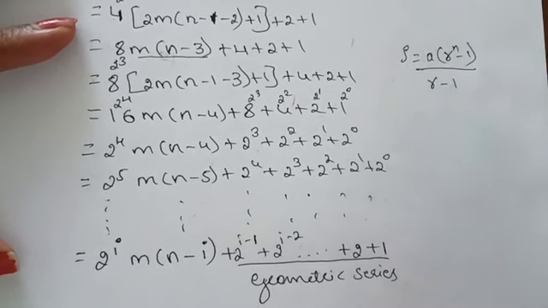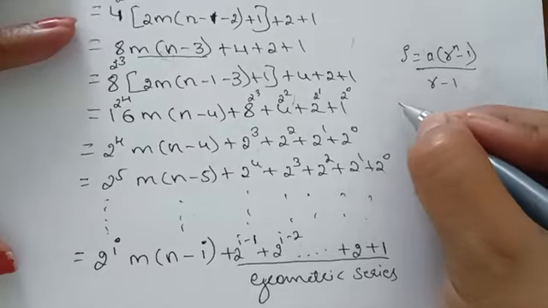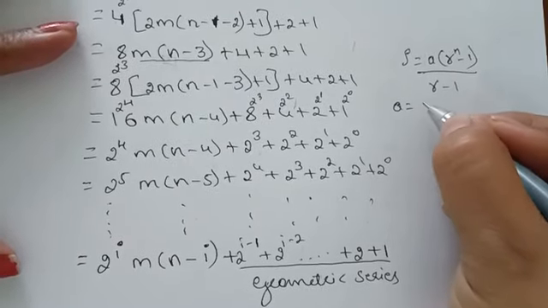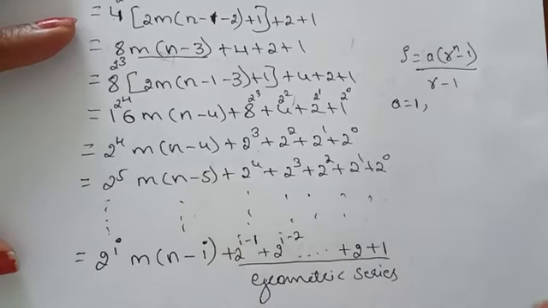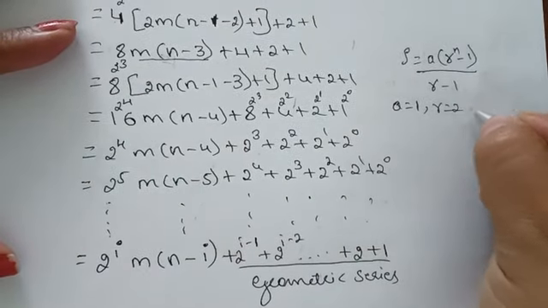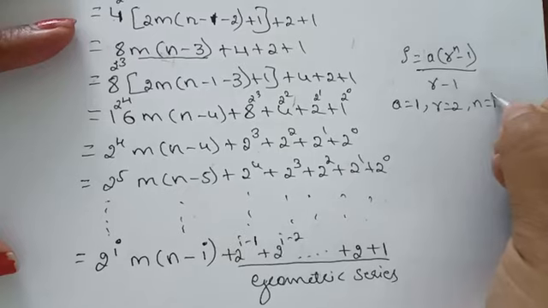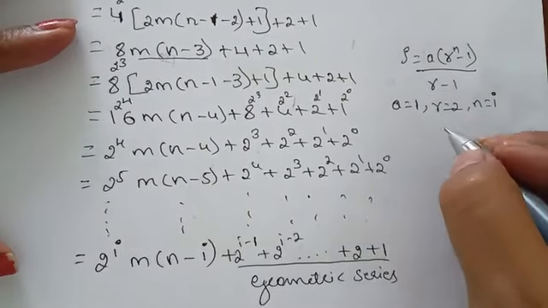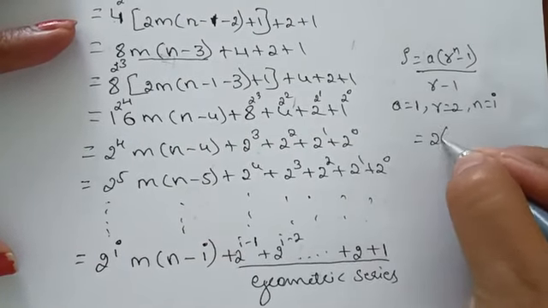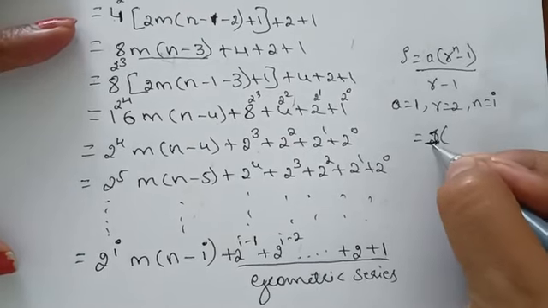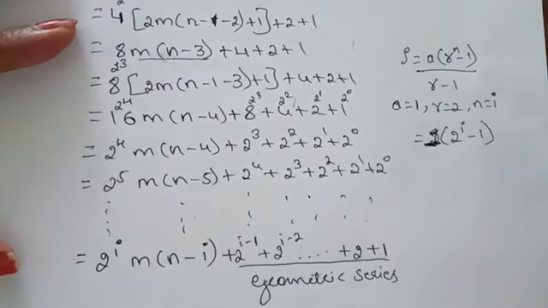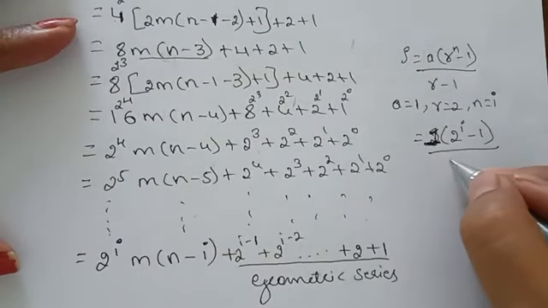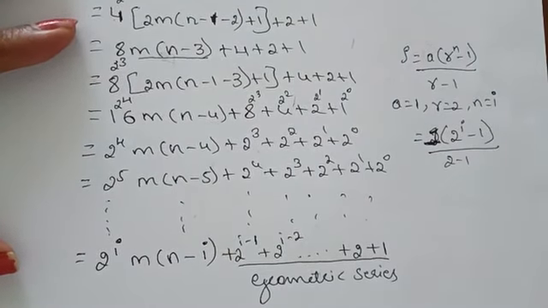Yes, so here the difference is 2. So always it is 1. So a is equal to 1, 2 power i, that is r is equal to 2 and n is equal to i. Okay, if I apply that, a is 1 into 2 power i minus 1 divided by 2 minus 1. 2 minus 1 is 1.